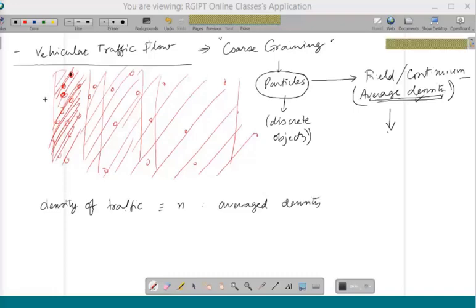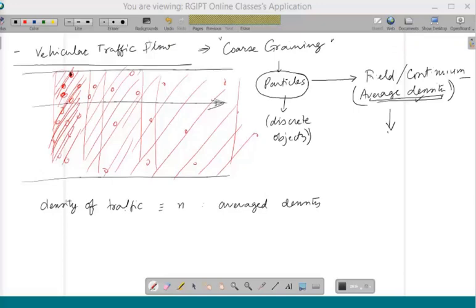Let's assume that things are only changing along X, which is the direction of the road, and not along Y. So you can average with respect to X only. You don't worry about the Y direction, the perpendicular or lateral direction. So this is an average in X.